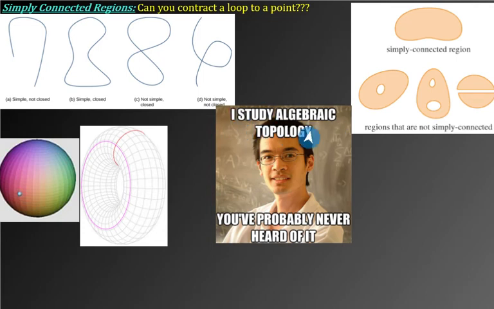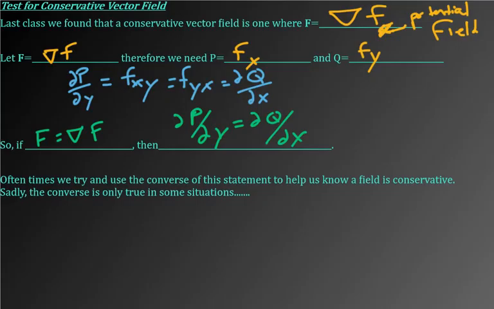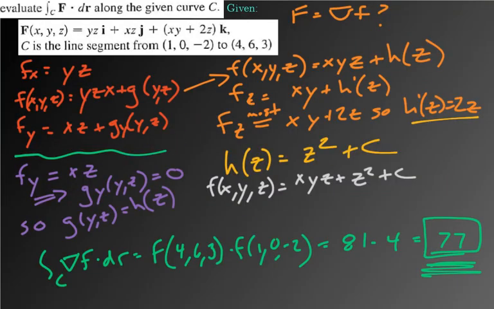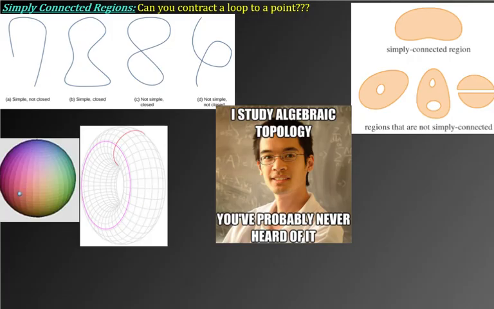This is what I studied in grad school. I studied something called algebraic topology, and you've probably never heard of it. But if you like what I'm about to talk about, you might like topology. The reason I liked it is because it didn't have all the annoying bookkeeping that you get on problems like this. I was fine with this stuff, but it really isn't what I enjoy doing the most. I enjoy a lot of big picture, weird, higher dimensional stuff that makes your brain hurt if you think about it.